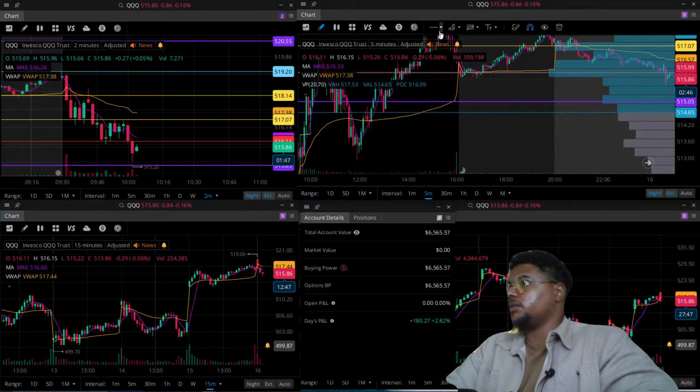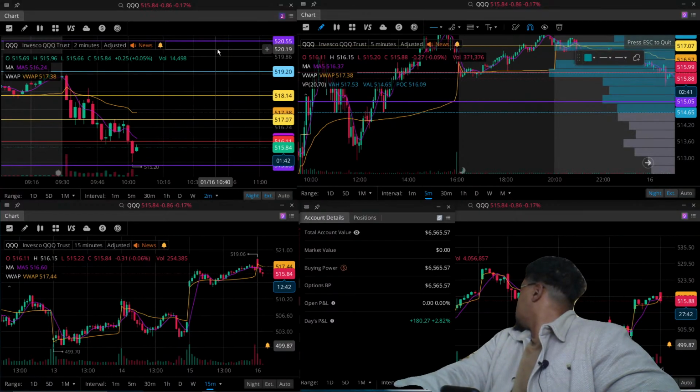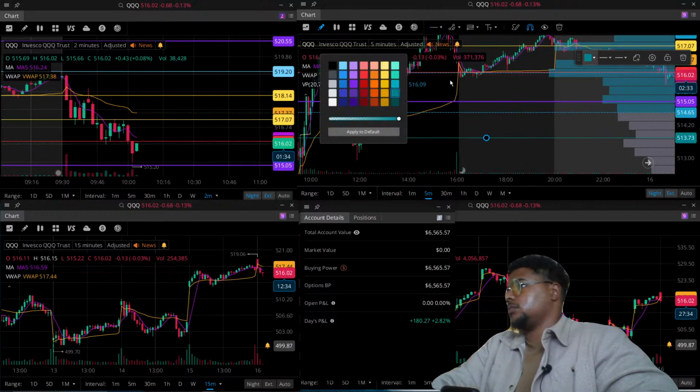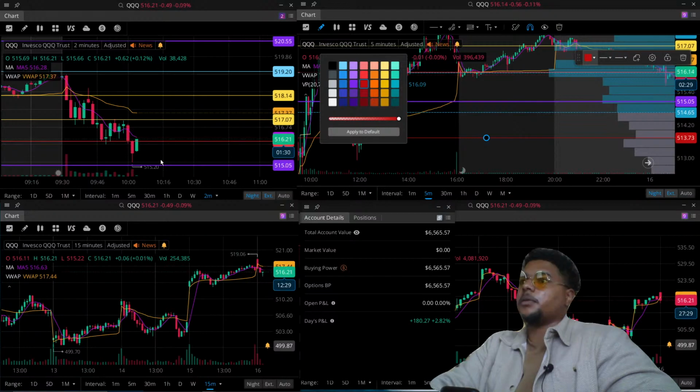So I'll apply that. Yeah, so it bounces right there by that purple line.